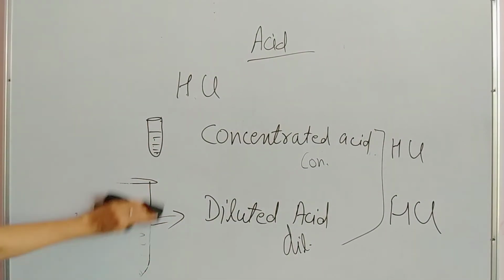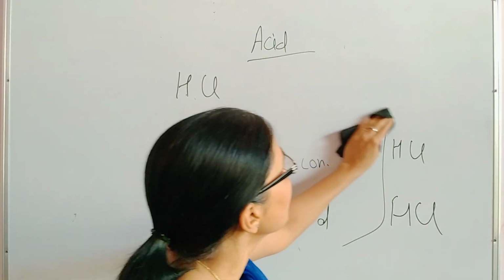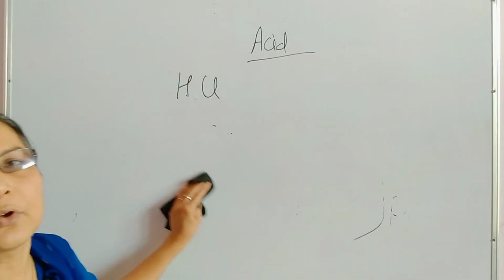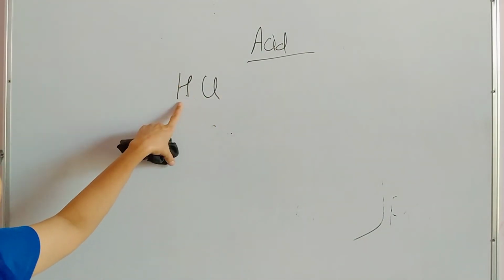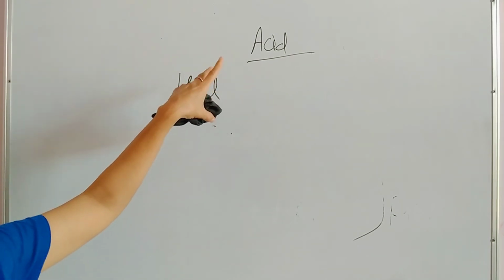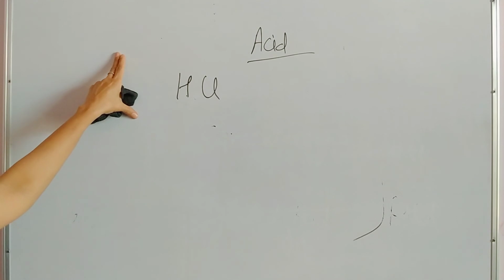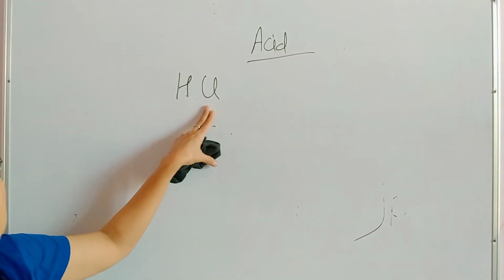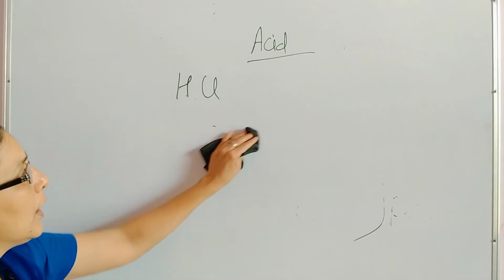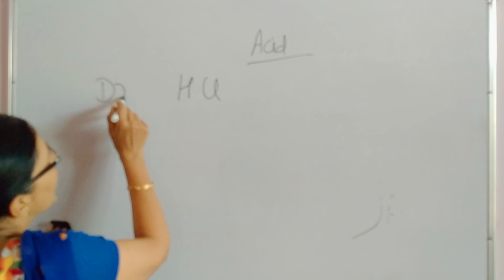For your kind information, the acid present in our laboratory is an aqueous solution of HCl gas. At room temperature HCl is a gas, and its solution is hydrochloric acid. When it is diluted, it means a lesser amount of gas is dissolved in water. Concentrated means a greater amount of gas is dissolved in water.